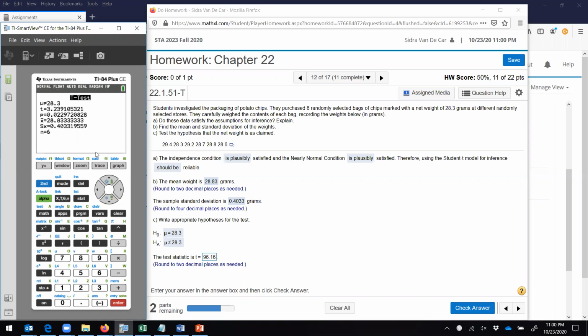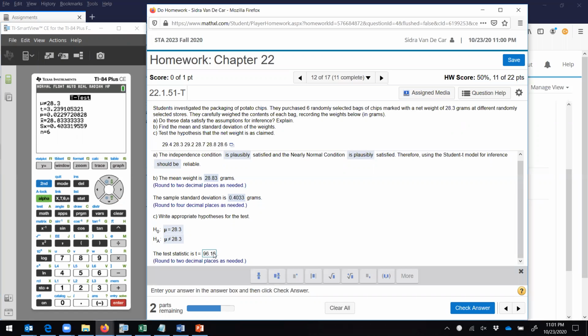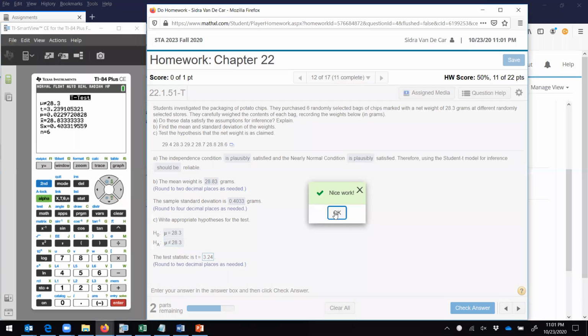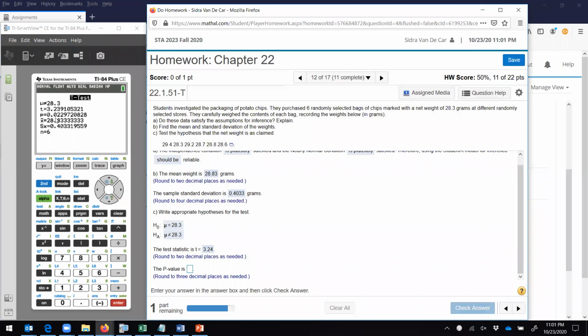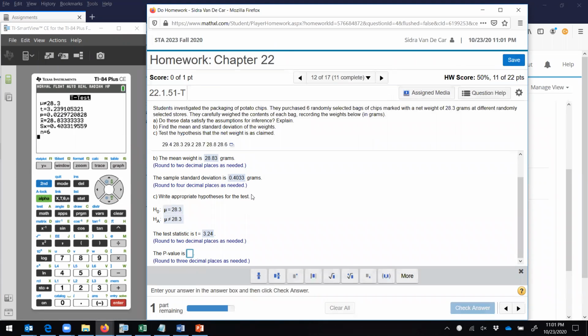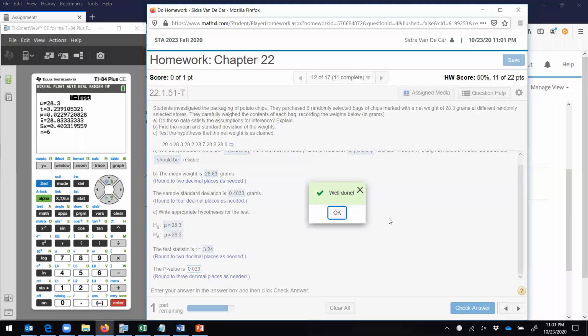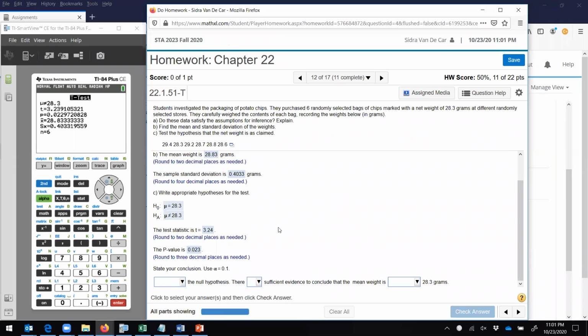All right, 3.24. P-value is 0.023. State your conclusion.